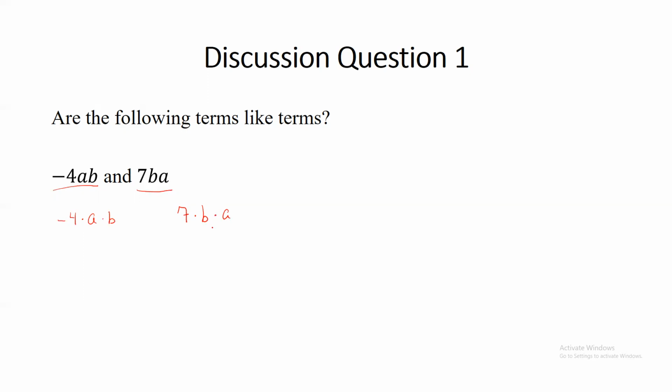Well, now that I wrote out my expression in terms of multiplication, it's quite obvious that the order doesn't matter because order in multiplication doesn't matter. If I rewrote this as 7 times A times B, it would mean the exact same thing. And so the rule of thumb is the order does not matter.